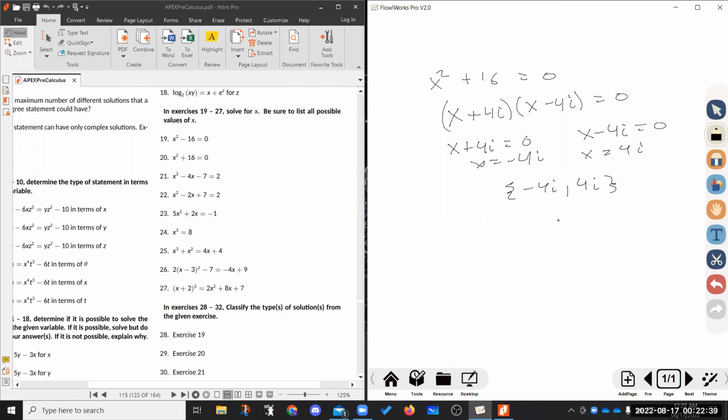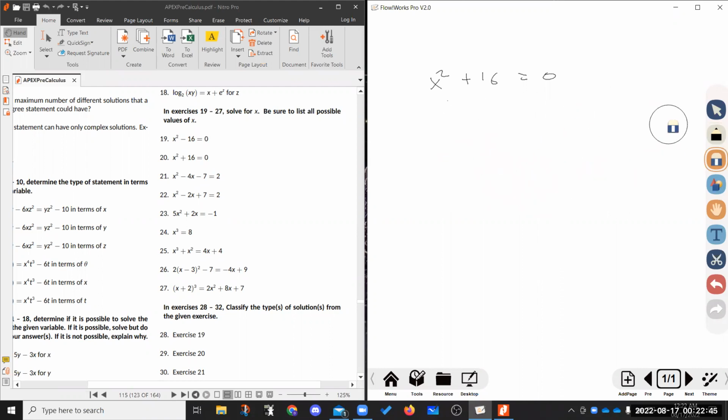Say that you didn't know this factoring technique across the complex numbers. So let's go ahead and use the quadratic formula instead. My a is 1, my b was 0, and my c was 16.